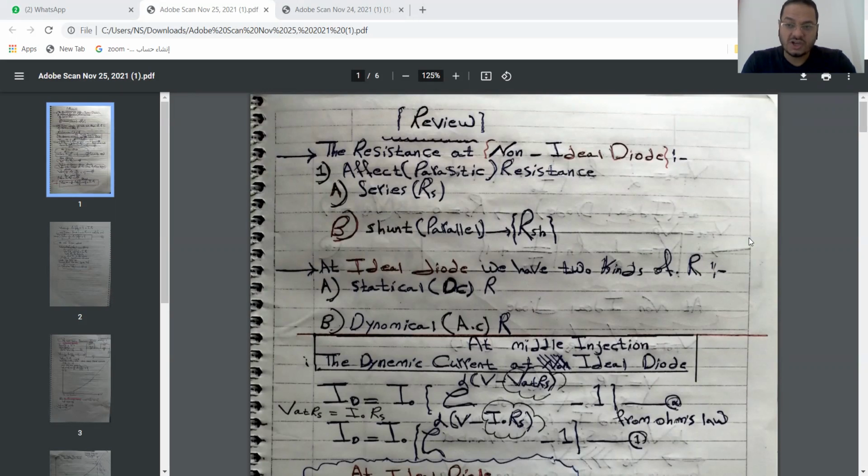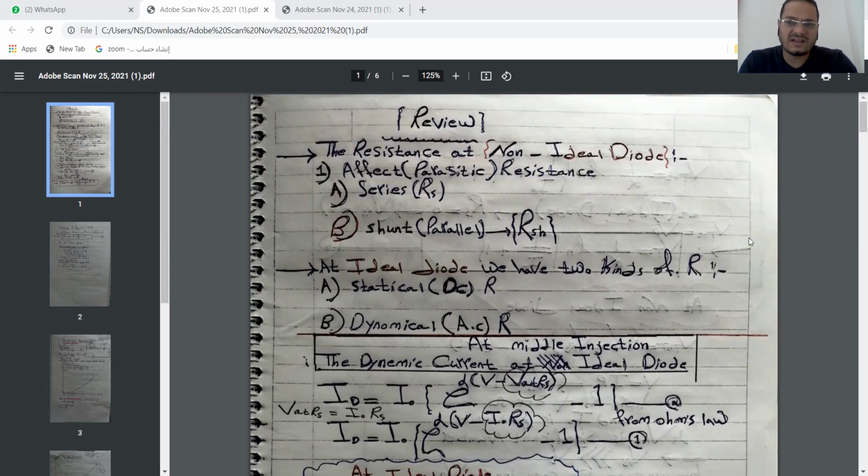at mid injection, or we will start from this topic, but after that, let's do a simple review about how many kinds of resistance we have at non-ideal diode and at ideal diode. At non-ideal diode, we have two kinds of resistance: the series resistance and shunt parallel, or we can say RSH.